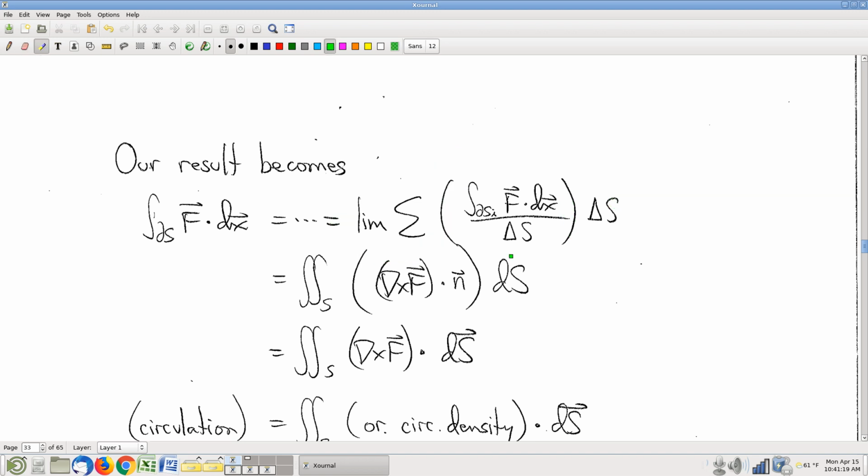Well, check it out, because this circulation density had an orientation connection. Notice that we do now, in fact, have dot dS, and therefore this is a flux. And so the pieces just keep fitting together perfectly.